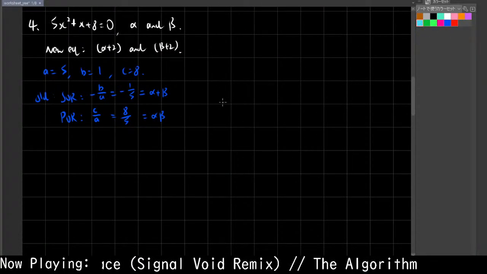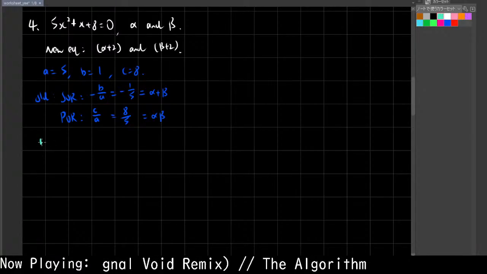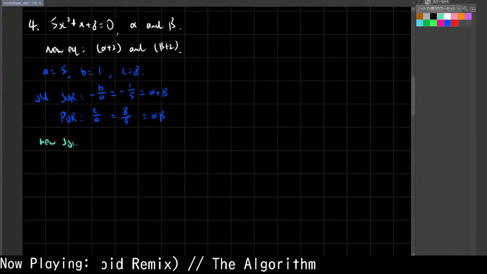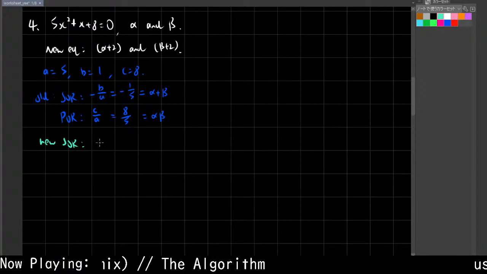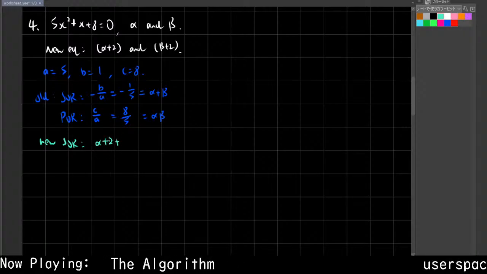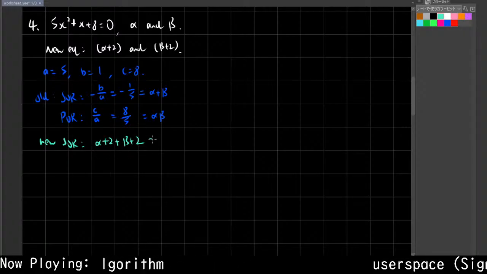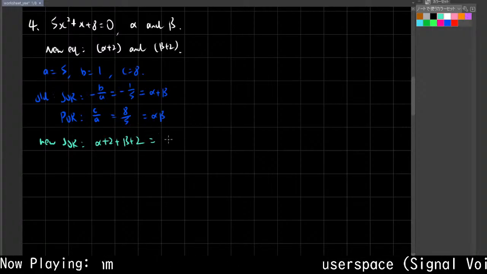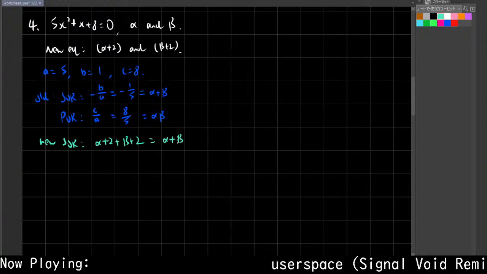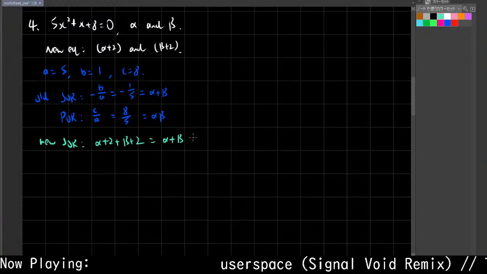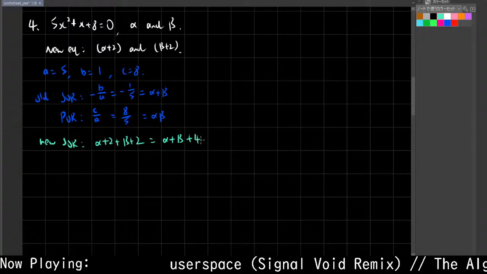Your new SOR is alpha plus 2 plus beta plus 2. So you just collect like terms: alpha plus beta, and 2 plus 2 is 4, so you get plus 4 over here.